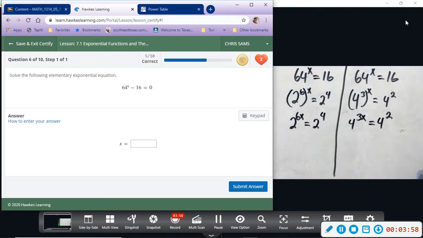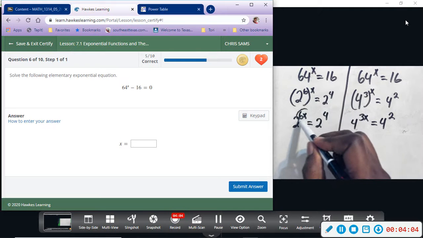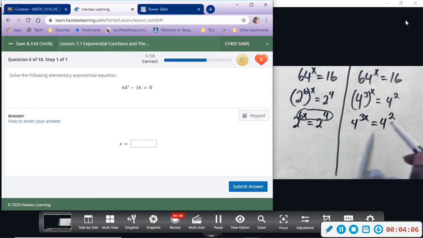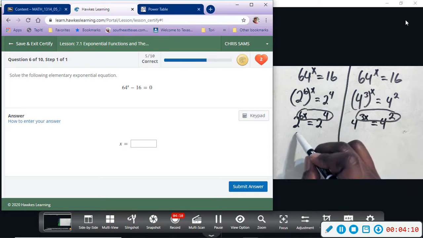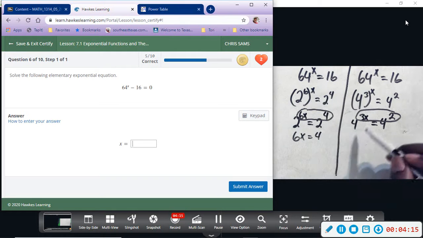Now that we have the same base, we are going to ignore the bases and just focus on the part that's different. So I'm looking at 6x equals 4, and over here 3x equals 2.